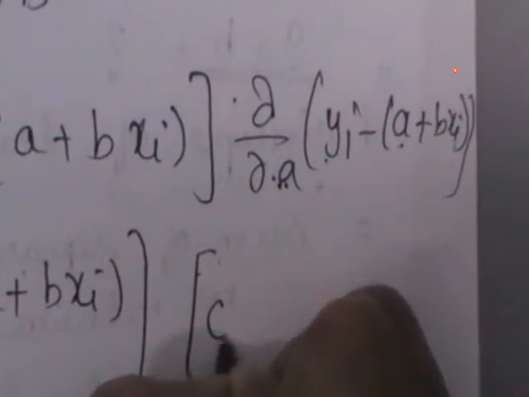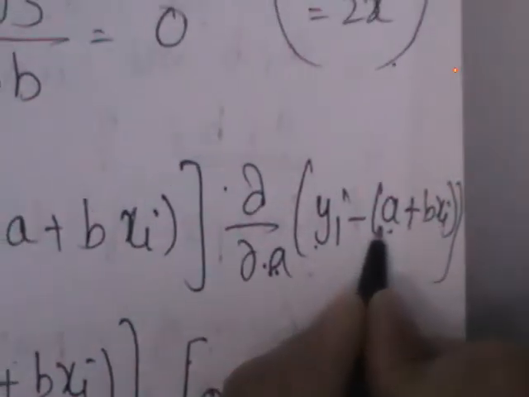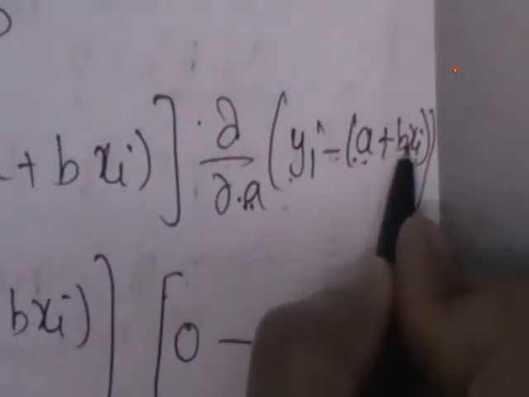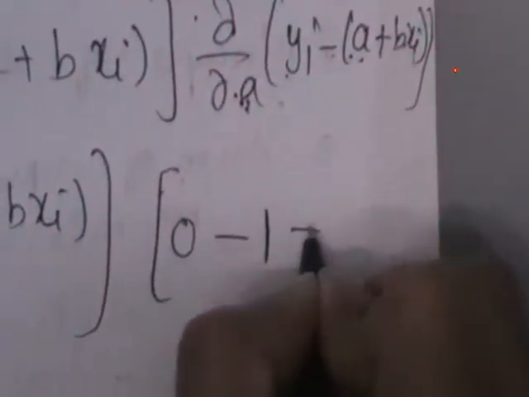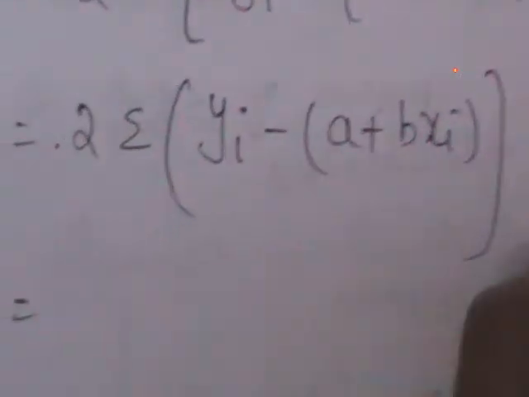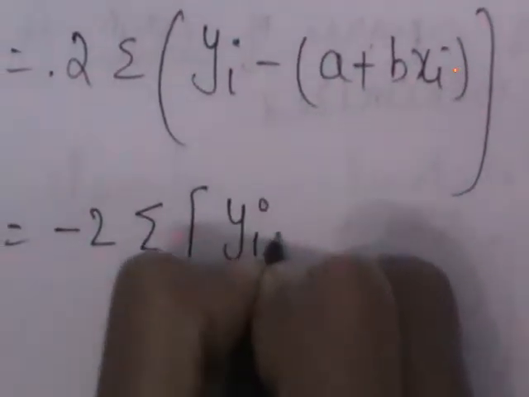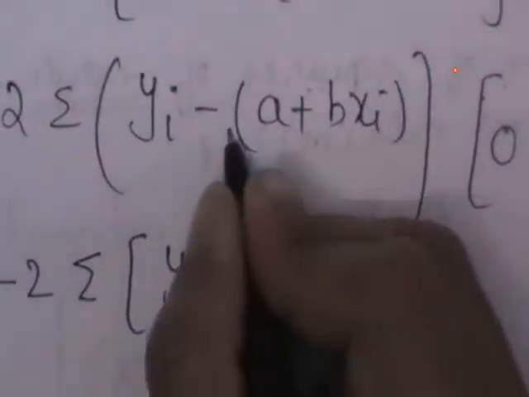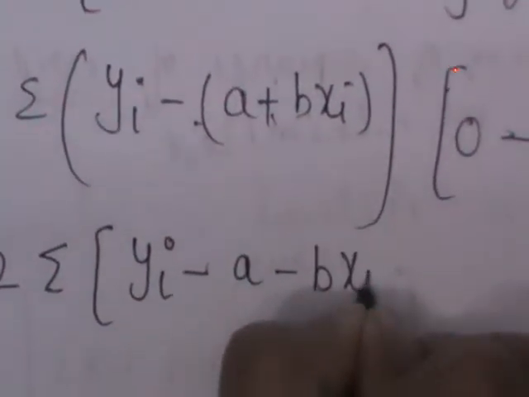What is the derivative of yi with respect to a? 0. What is the derivative of minus a with respect to a? Minus 1. What is the derivative of bxi? As it is independent of a, you get 0. So you get minus 2 sigma (yi minus a minus bxi).